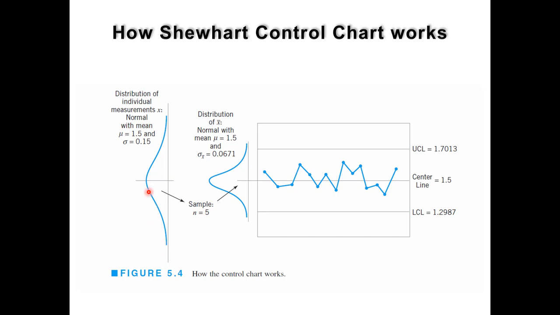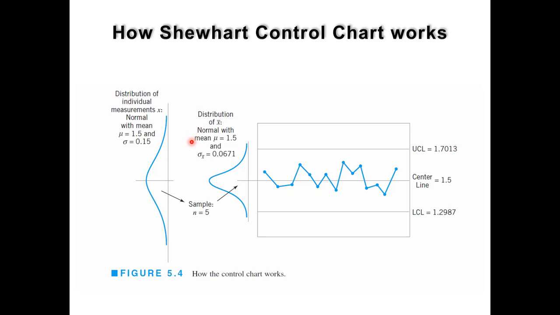Although they are normal, it will most likely show you a situation of out of control. A better approach, which has been introduced under the Shewhart control chart, is to use sample mean values rather than the individual values. By using the sampling distribution approach, you get the distribution of sample means.